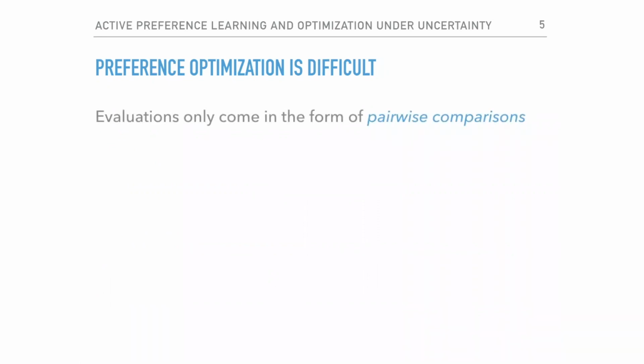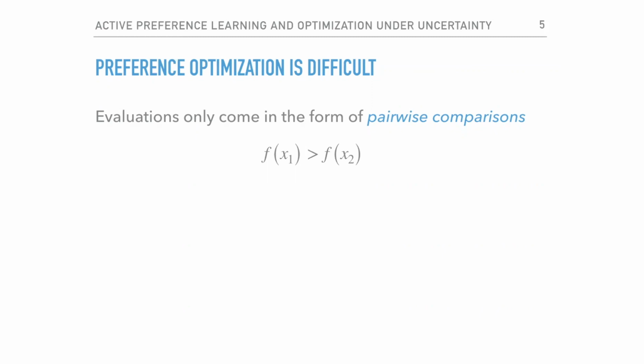Another unique challenge that is the defining feature of this preference optimization problem is that function evaluations only come in the form of pairwise comparisons. So the user doesn't actually rate a product they are presented on a scale, but instead they are presented with a pair of products, and they have to report back to us which one they prefer more.